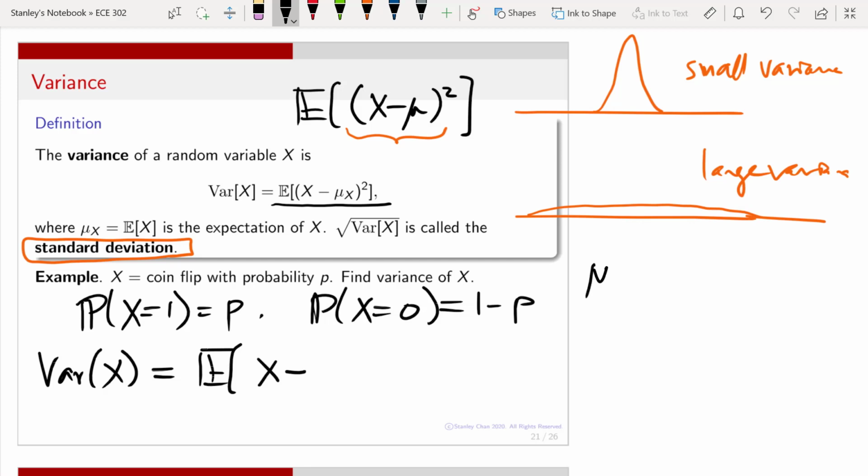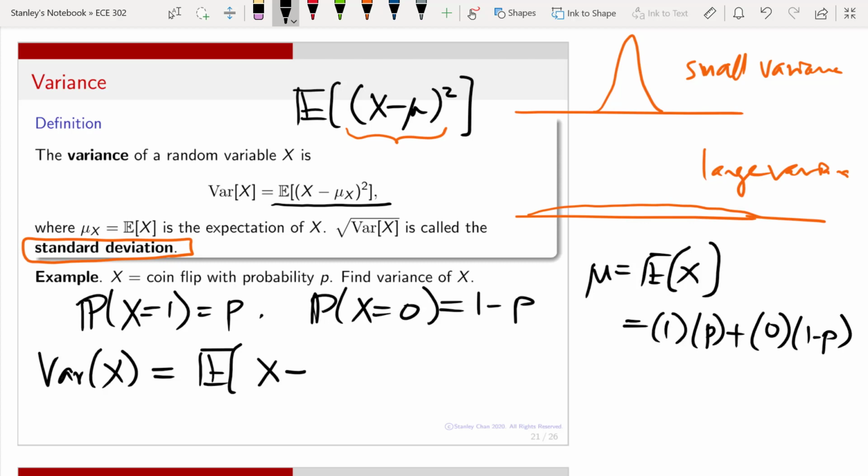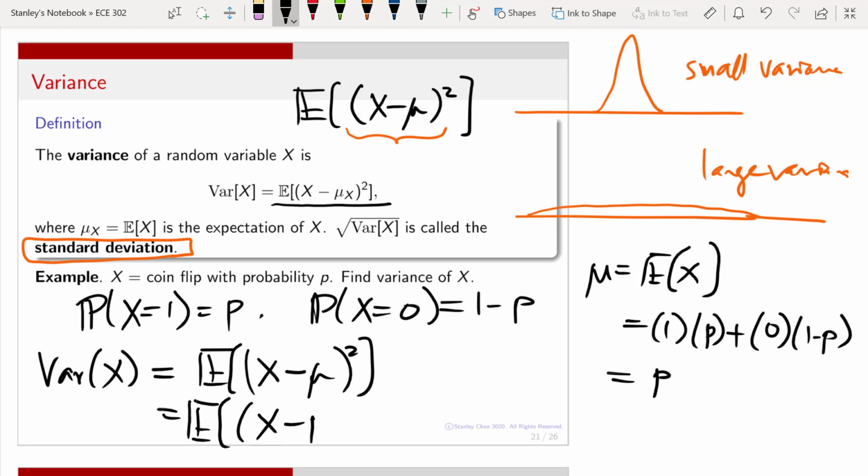Now what is mu? Mu is the expectation of x, which in this problem is 1 times p plus 0 times 1 minus p. That gives you p. So x minus mu squared can be simplified to the expectation of x minus p squared.